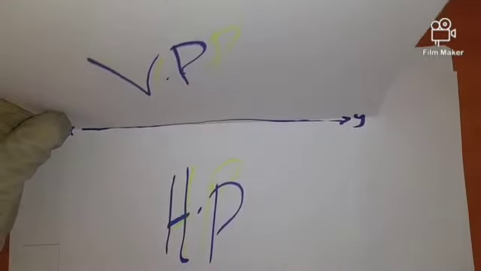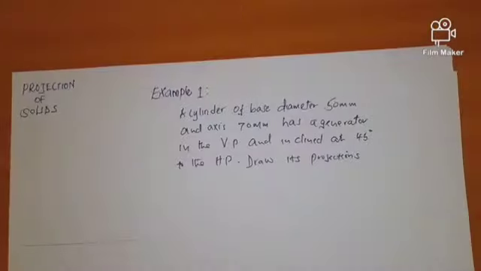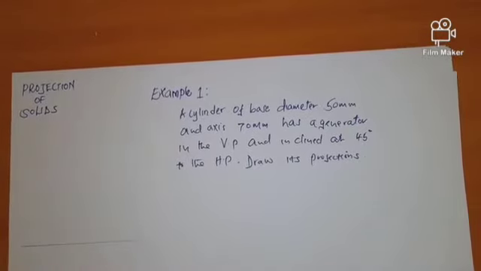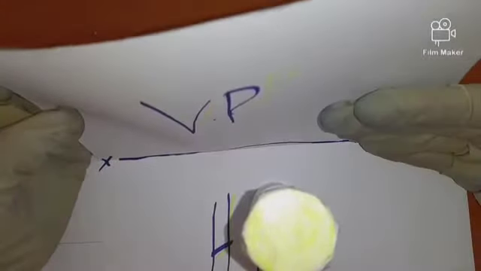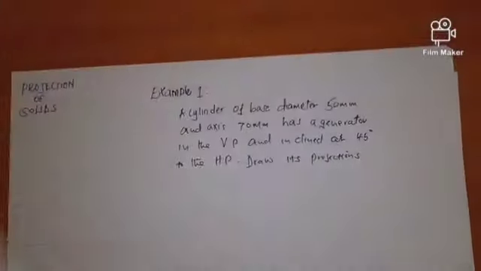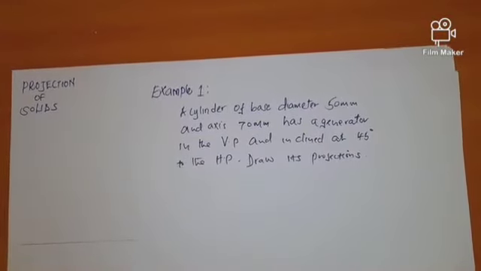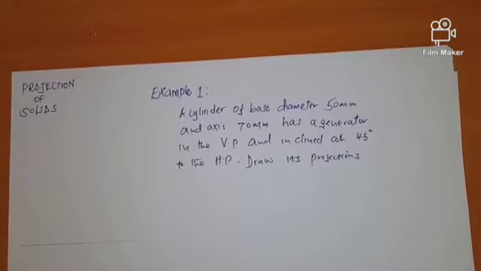Now, having noticed that, we want to move on to the question that we have here. The question is: a cylinder of base diameter 50 millimeters and axis of 70 millimeters has a generator in the VP. Generator in the VP means the cylinder is going to stand naturally, so the generators are in the VP as it is. Then we have another condition, whereby it is inclined at 45 degrees to the horizontal plane.